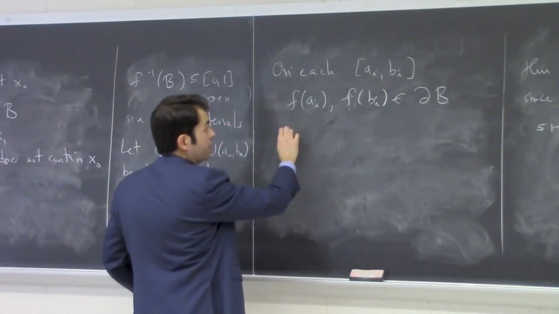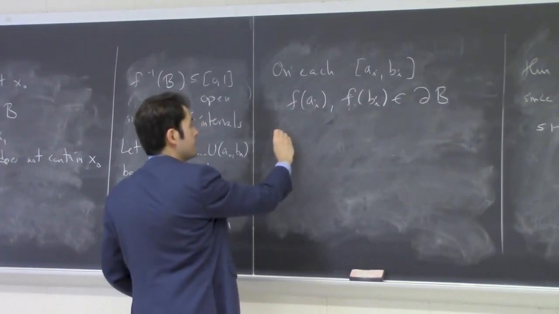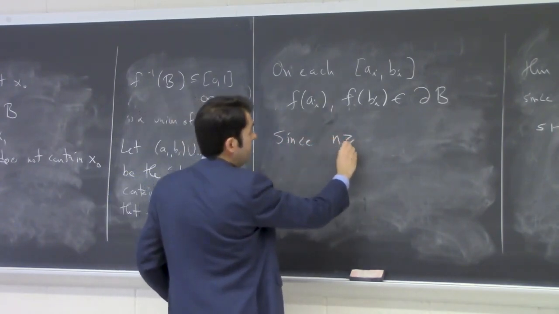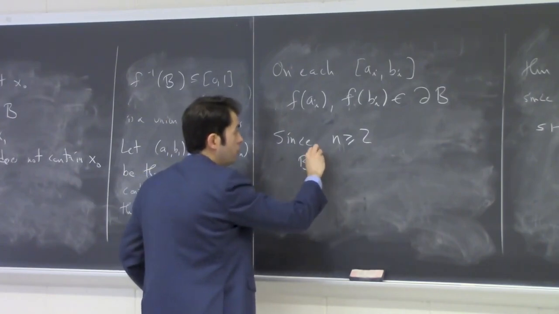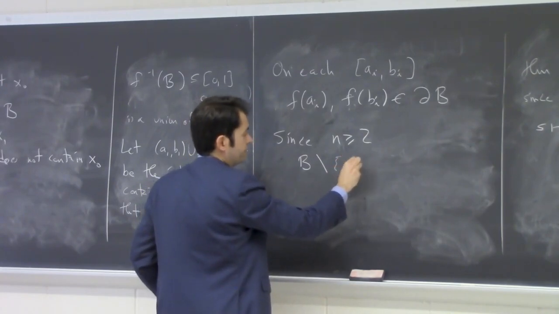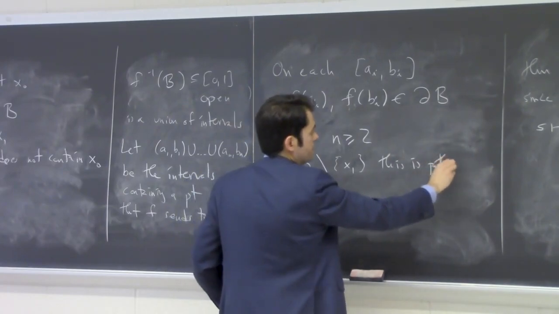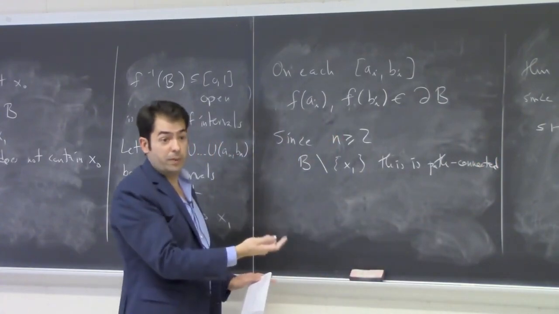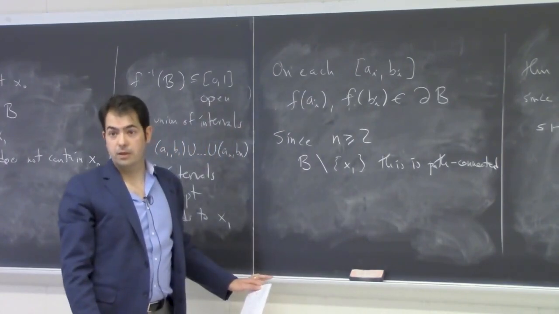Okay, and now since n is at least 2, if you take the ball and remove a point, then this is path connected. So there is some path that starts here and ends there and doesn't go through the center, right? Of course, this is easy.